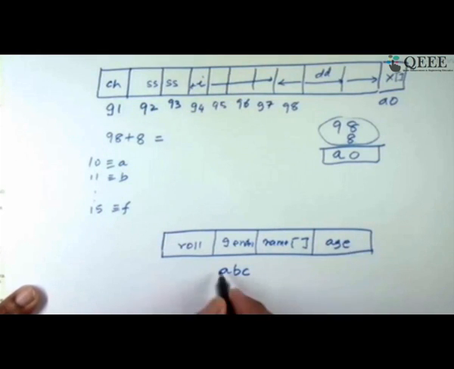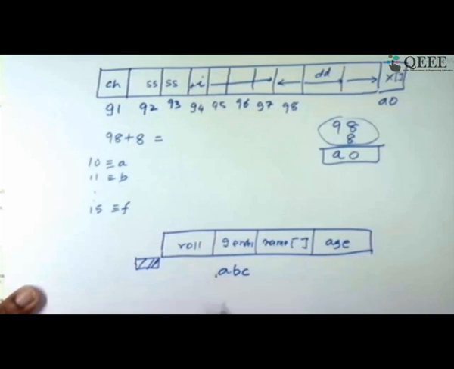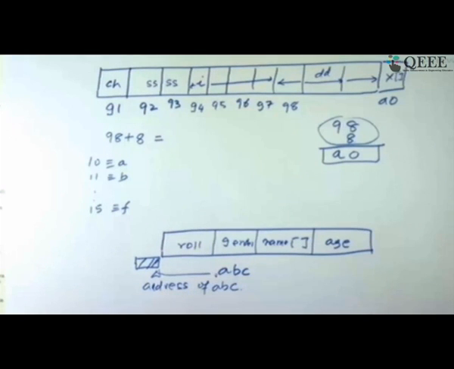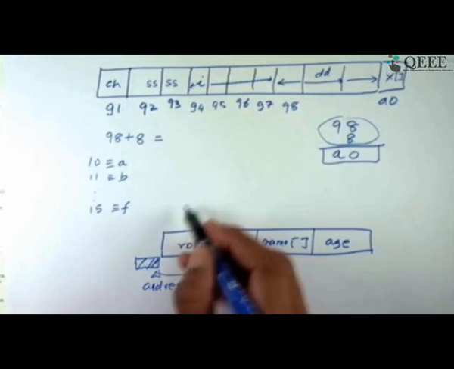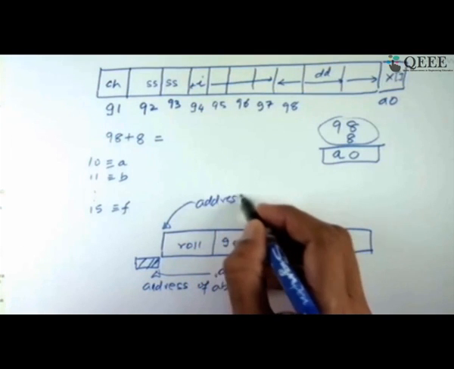Okay. So when you just say ABC, you can get the address of ABC by looking at where this whole thing started. So this is the address of ABC. Now observe, the address of ABC is also exactly the same as the address of role, because they are the same things.